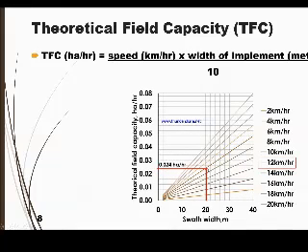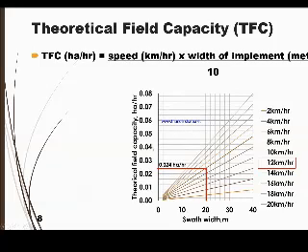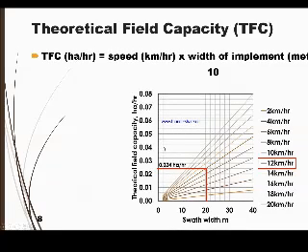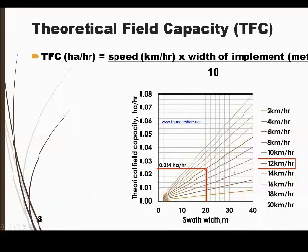Let's say if you want to run up to 20 kilometers per hour, the value will be higher. So about 0.04 hectare per hour. That would be the capacity for this particular example.